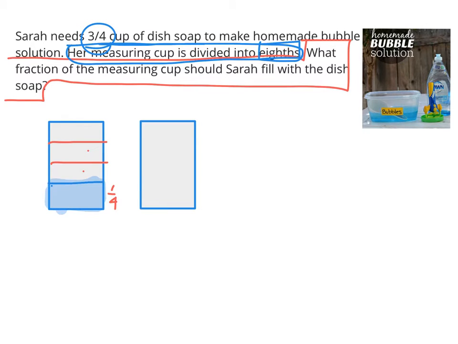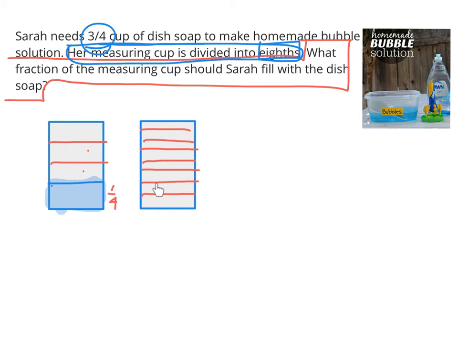Now let's go ahead and divide this model here into eighths since her measuring cup is divided into eighths. So we have half there, and then now we have fourths. And let's divide each piece into half again to get eighths. Okay. So let's see. How many eighths do we need to be equal to 1/4? Where we're looking here, right?